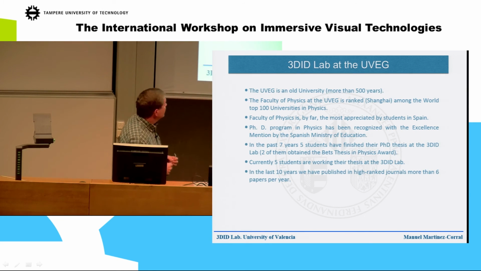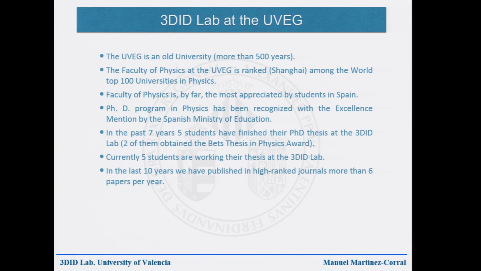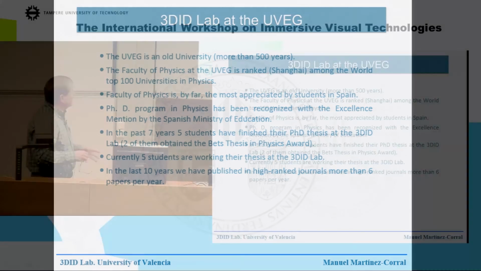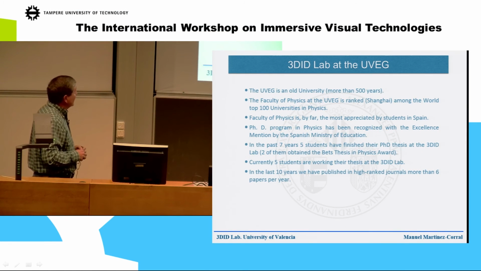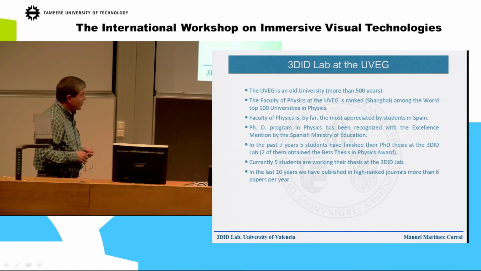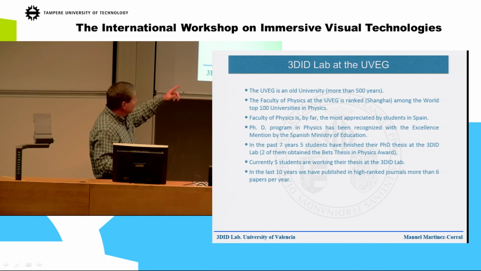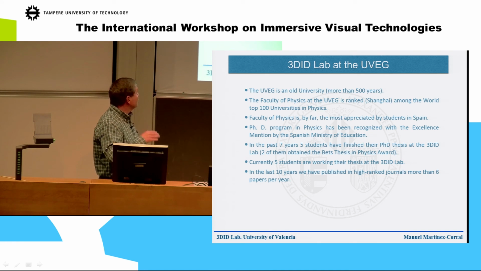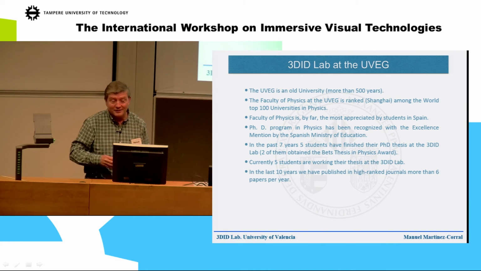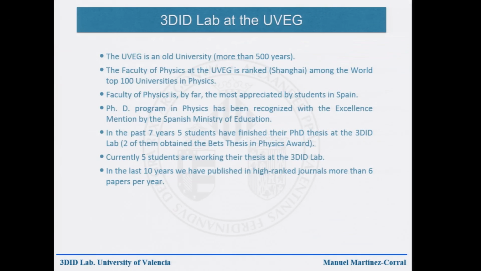And to finish, let me say a few things about our laboratory or our university. The University of Valencia is a medieval university. It was founded more than 500 years ago. Within this university, the Faculty of Physics, I would like to remark that we are ranked among the top 100 universities in the world in physics.